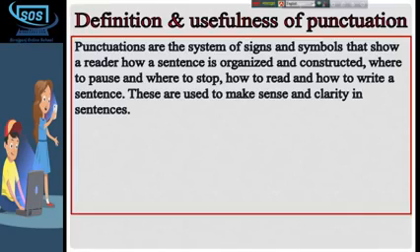So first of all, the definition of punctuation. Punctuations are the signs and symbols that show a reader how a sentence is organized and constructed, where to stop and where to read and how to write a sentence. These are used to make sense and clarity in sentences.